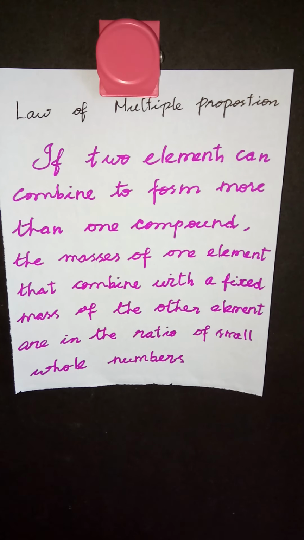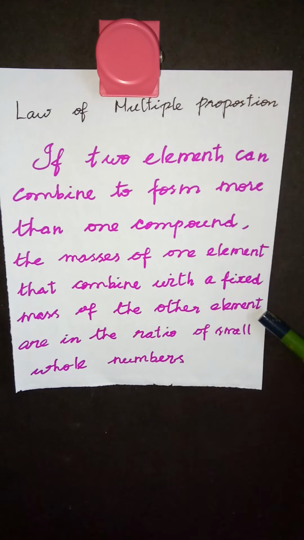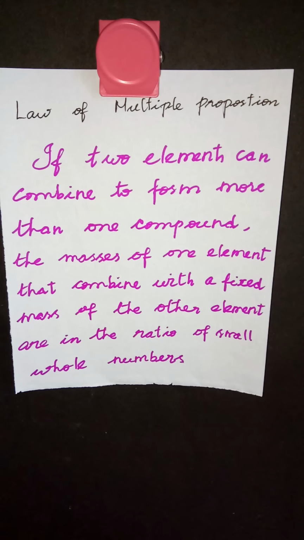This states that if two elements can combine to form more than one compound, the masses of one element that combine with a fixed mass of the other element are in the ratio of small whole numbers. So you take two elements and those two elements combine together and form more than one compound. Now I'll show you an example and explain this law.